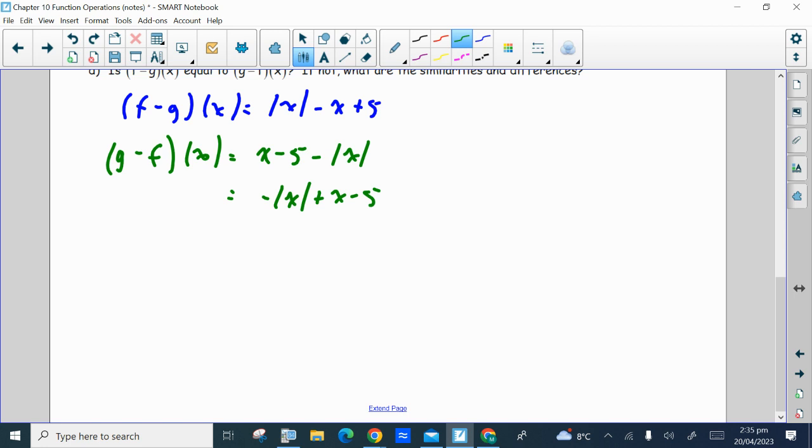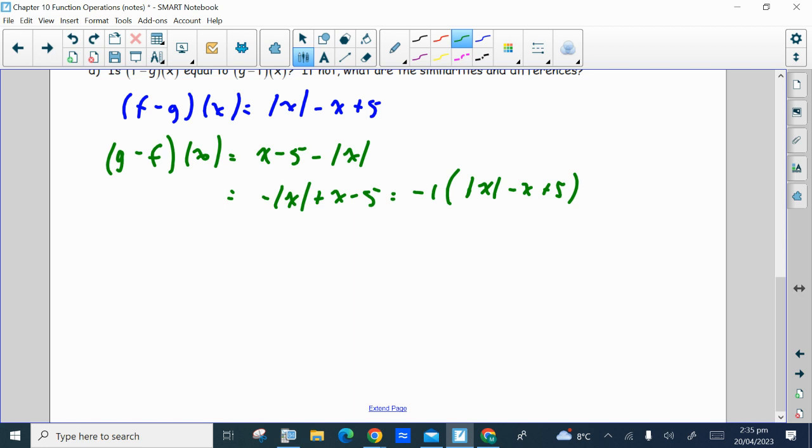But they are in fact opposites of each other. You see, if you take out a common factor of negative 1, you'll have the absolute value of x minus x plus 5. And what's inside the bracket there? Let me draw that better. What's inside the bracket does equal what f minus g at x is.